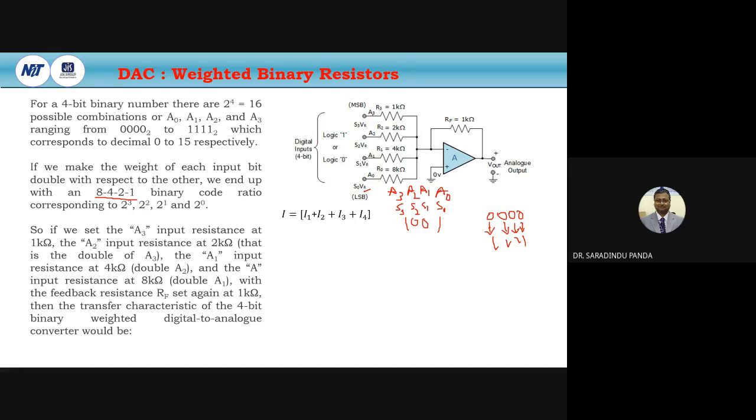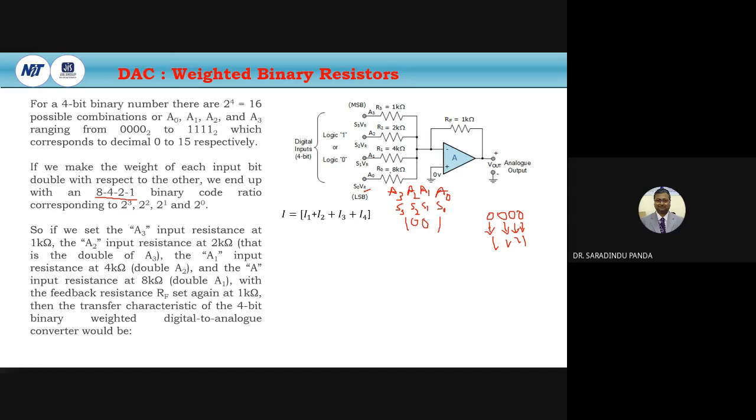So if we set the A3 input resistance at 1 kilo ohm, then A2 input resistance should be 2 kilo ohm. Okay. So this is the MSB A3. So this is the 1 kilo ohm. Then A2 should be 2 kilo ohm. R1 should be 4 kilo ohm.